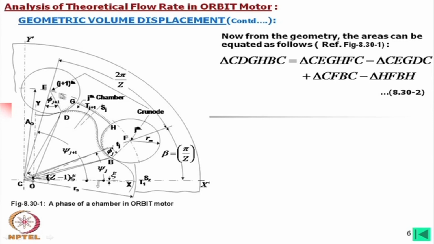So, this is like that, we are considering this area. Now, next we subtract C, E, G, D, C. Now, we subtract this area and then we add C, F, B, C, this area, and then finally, we subtract H, F, B, H, that area we exclude.